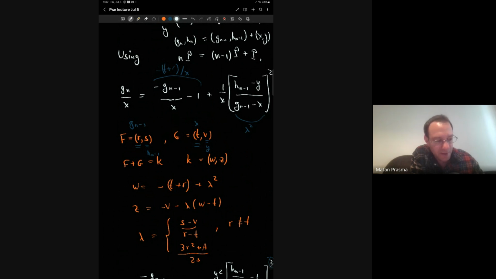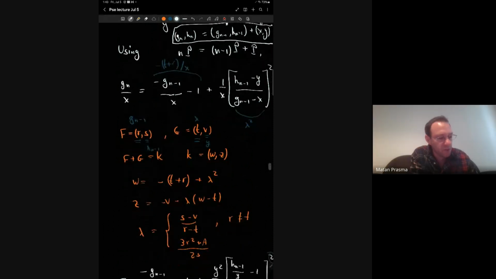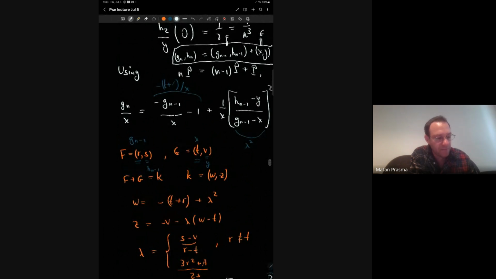But this is an addition of rational maps, right? So take this one to be f, this one to be g, okay? And now we have a formula for how to add two rational maps. It's basically the formulas of addition of points on an elliptic curve, right?